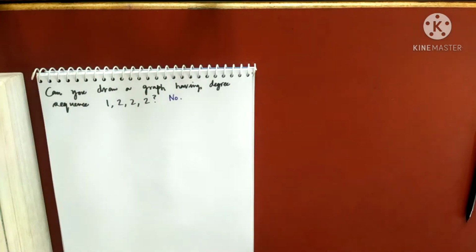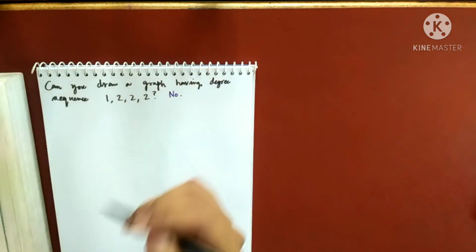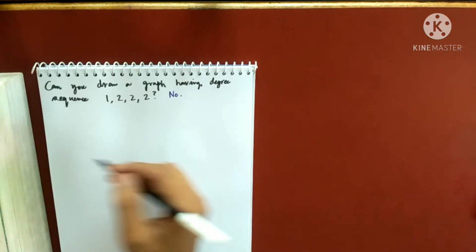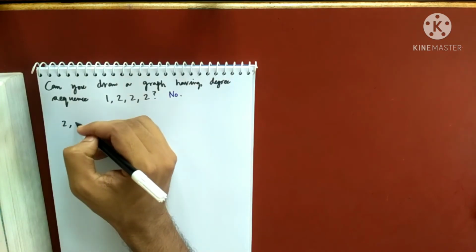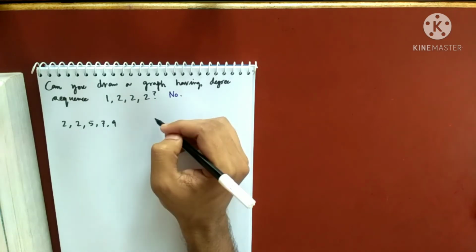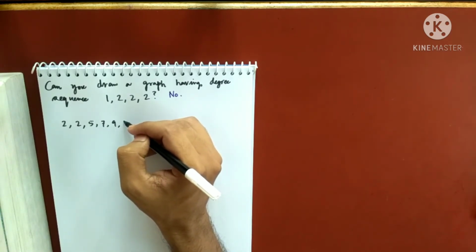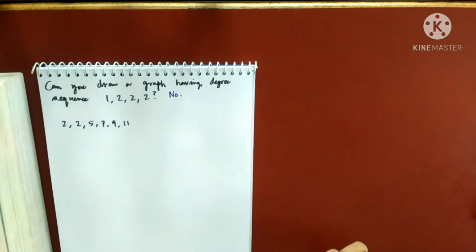Okay, we have done so many things. Now there is a question. If I give you any random list of numbers, like a degree sequence in ascending order, suppose I'm giving you 2, 2, 5, 7, 9, whose sum is an even number.